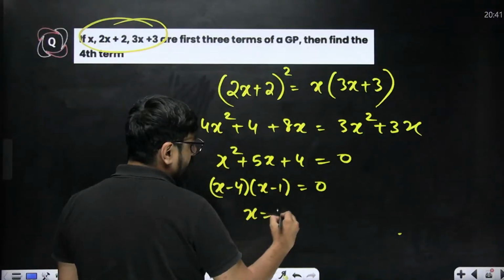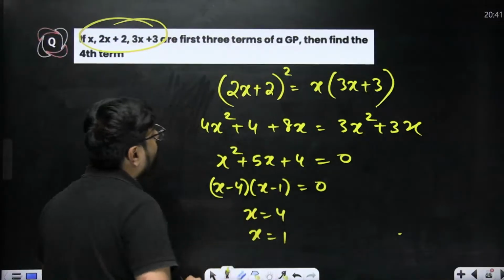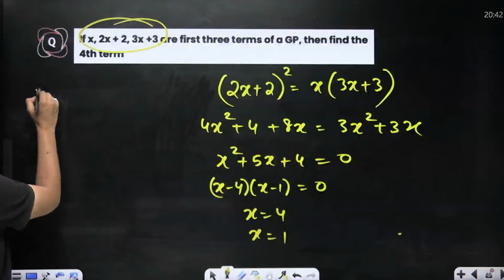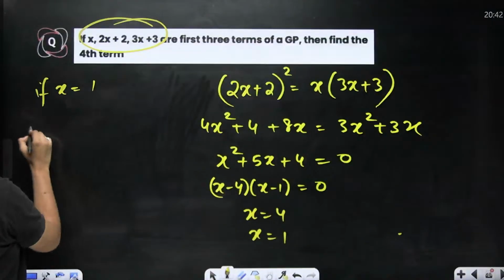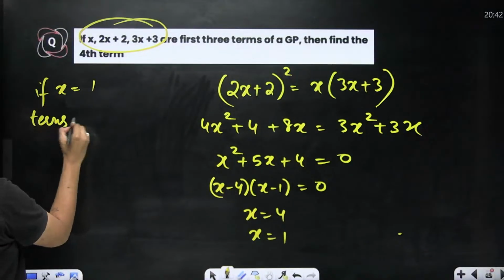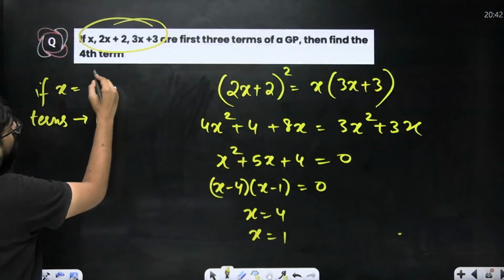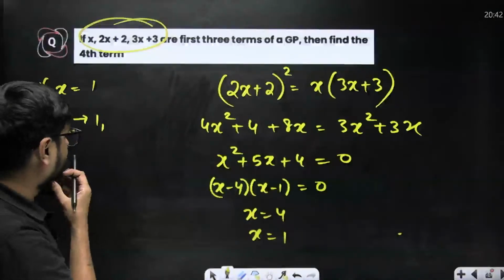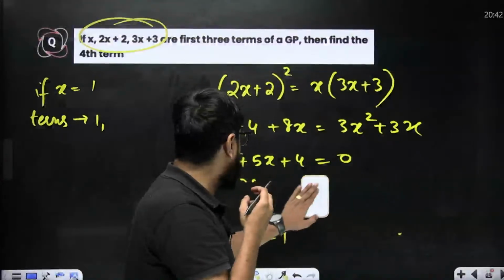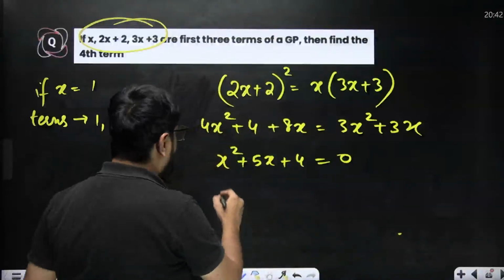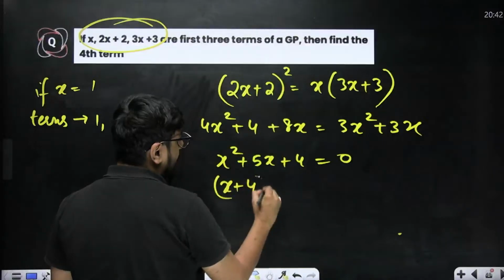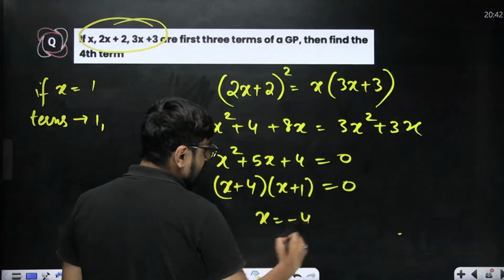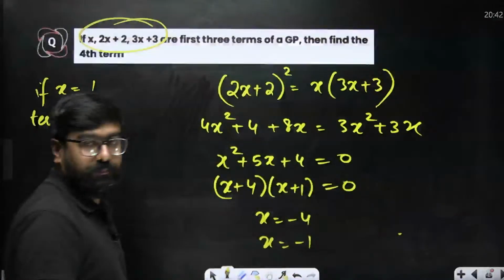Wait, one minute, something is wrong. It should be x plus 4, x plus 1, equal to 0. So x can be equal to minus 4 or x can be equal to minus 1.